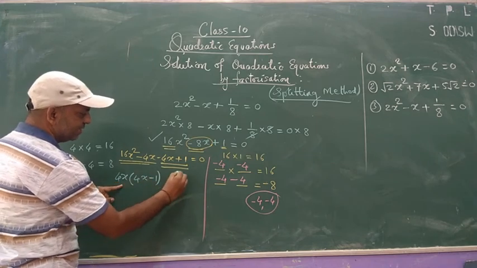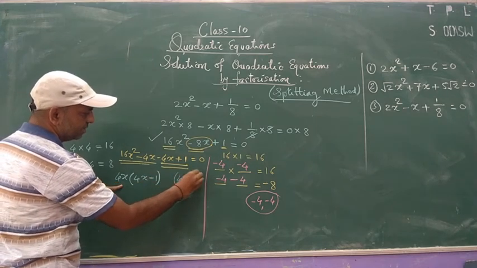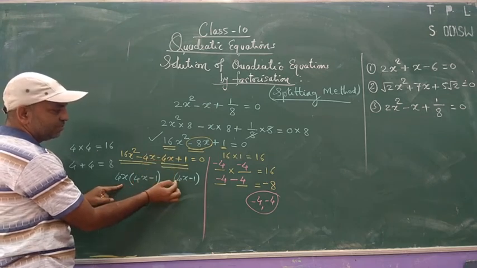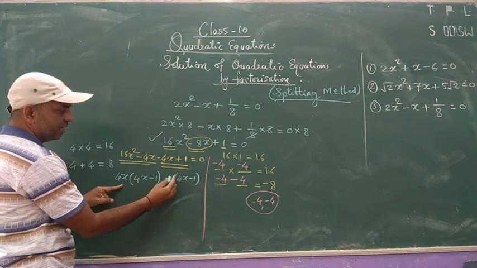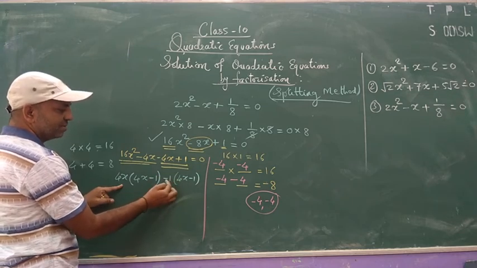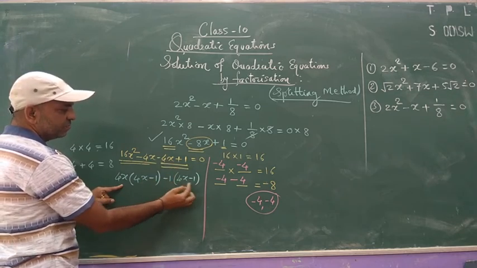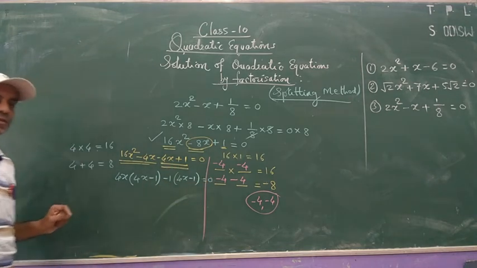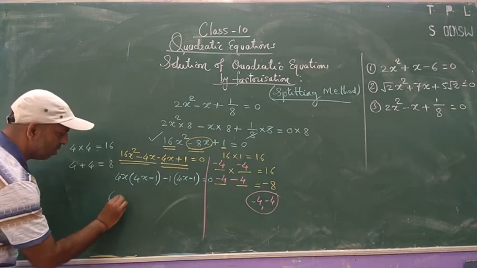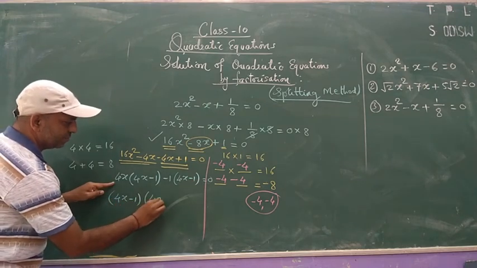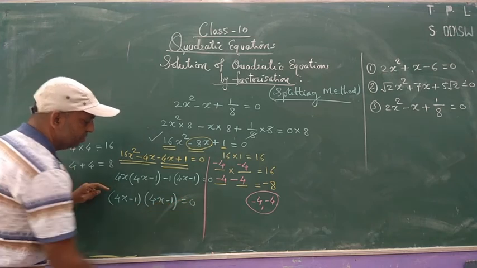You just write this bracket 4x minus 1. So here minus 4x, here plus 1, so we have to take minus 1 common. So minus 1 into 4x minus 1. Then common 4x minus 1, and 4x minus 1 is equal to 0.